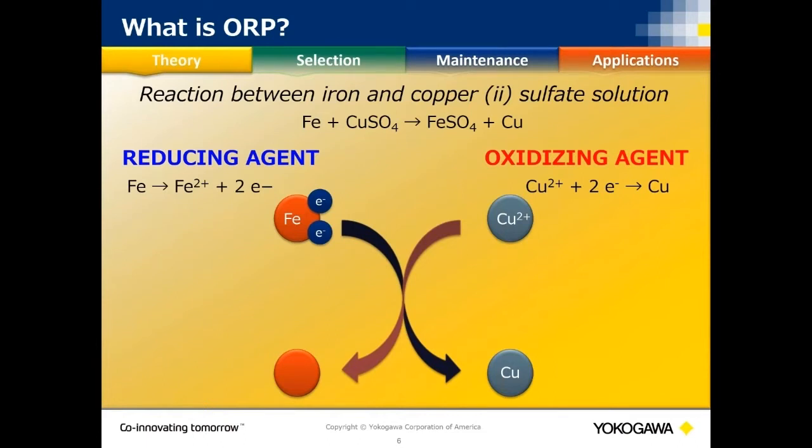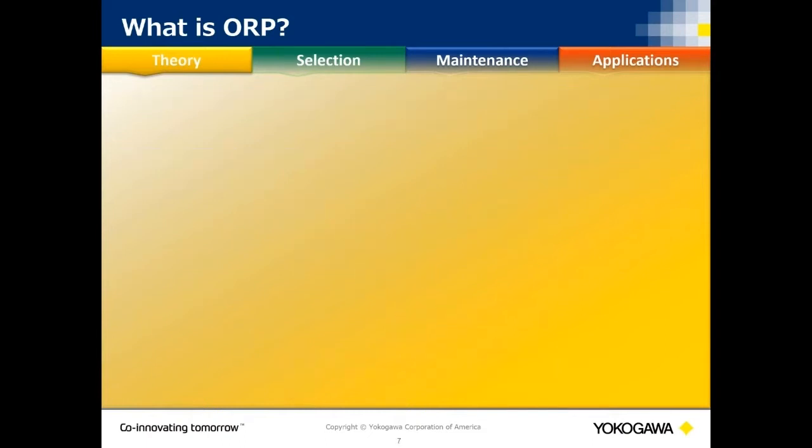So this is the reduction reaction, but it's actually caused by the oxidizing agent because it has the capability of oxidizing something else. The second reaction, or what's happening at the exact same time, is what we call the reducing agent. That is actually the iron, because it gives up electrons and itself is oxidized, but it's actually reducing something else.